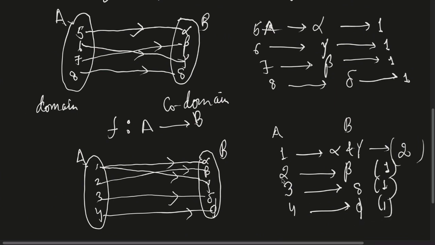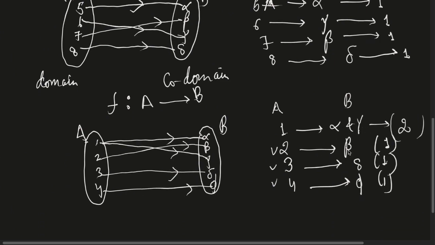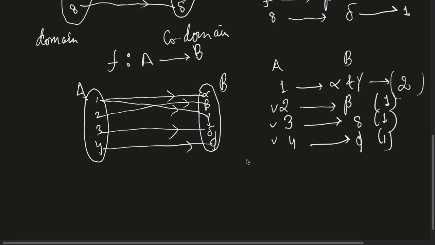So we can see that although 2, 3, 4, these three elements in set A have been mapped with exactly one element in B, element 1 in set A has been mapped with both alpha and gamma, which is not the condition I have written above.